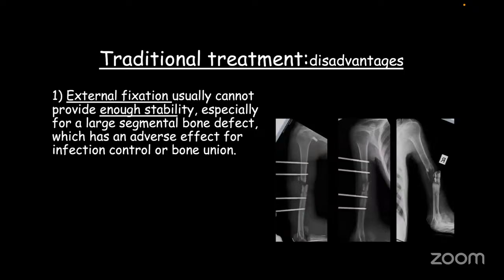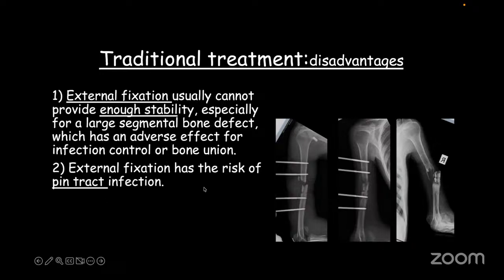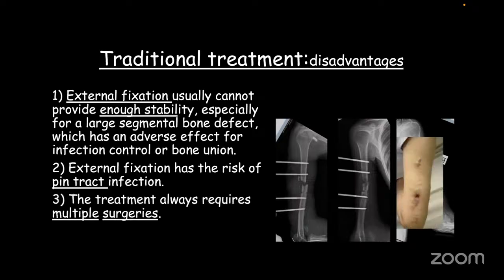In traditional treatment of infection, the disadvantage was usually that it did not give enough stability. I'm talking about the fixators used to control the infection, especially for large segmental bone defects, which has an adverse effect on infection control and bone union. External fixation has a risk of pin track infection additional to the existing infection, and the treatment always required multiple surgeries to get an end result.